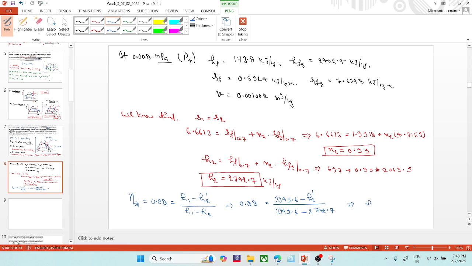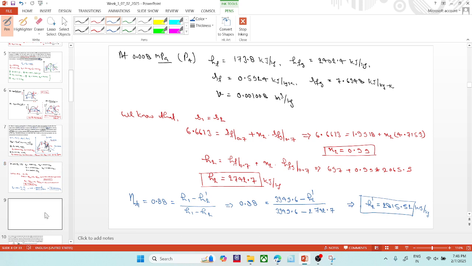So from here we will get the value of H2 dash as 2815.52 kilojoule per kg.